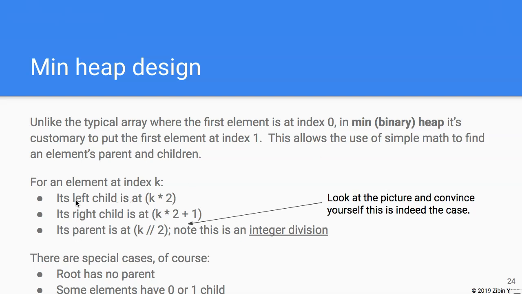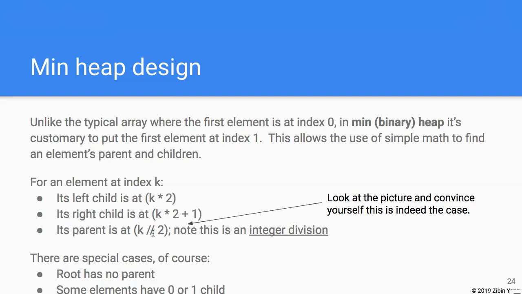Okay, so anyway, let's formalize this. For an element at index k, its left child would be at index k multiplied by 2, and the right child would be at k multiplied by 2 plus 1. And then the last fact, even though we didn't explicitly state this, but it should be very obvious to see that for an element at k, its parent is at k divided by 2.